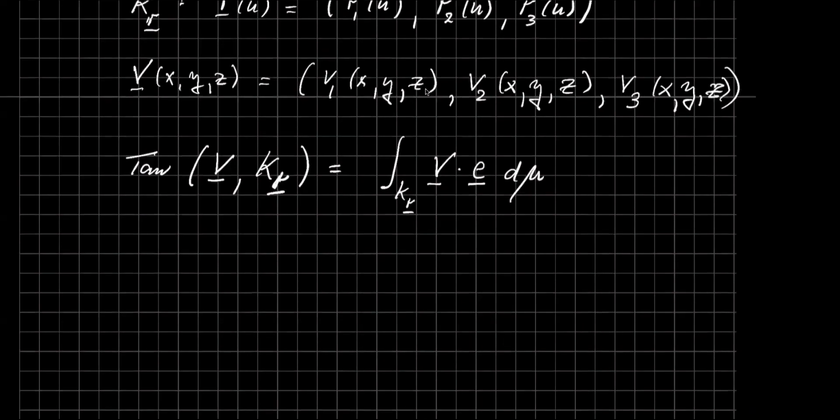And when you have to unfold this, then you have to take the integral with this parametric representation, the integral from a to b of the restriction of the vector field to the parametric representation, r of u, and then you should multiply by the tangent vector, and this is the derivative of the parametric representation, du.